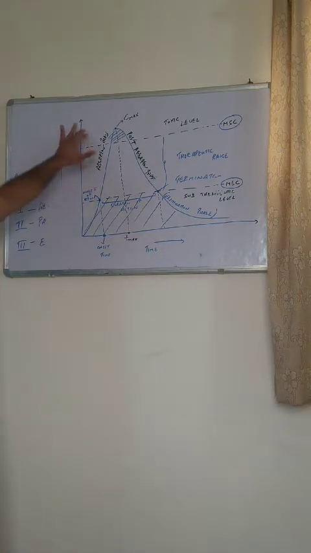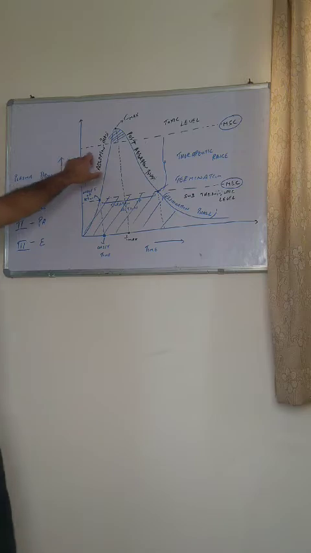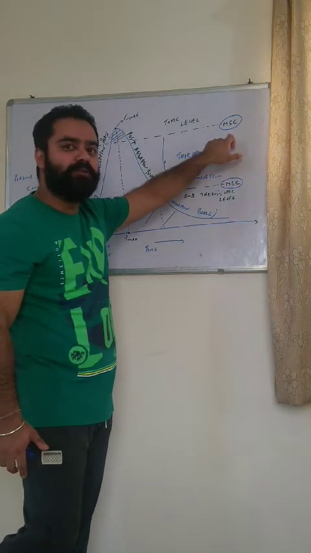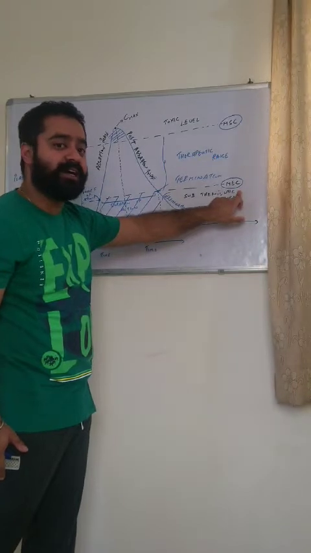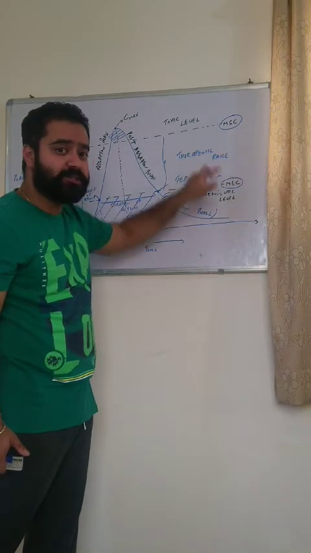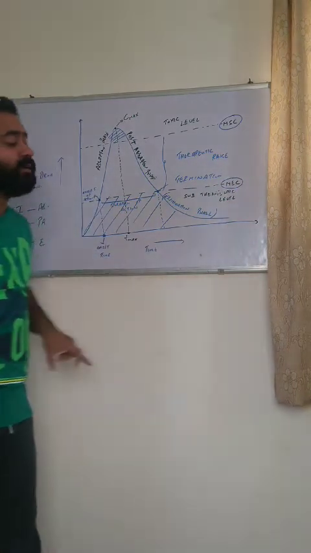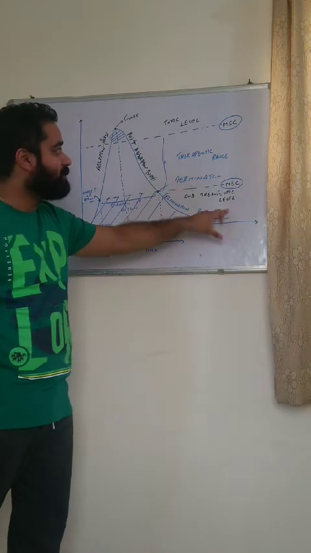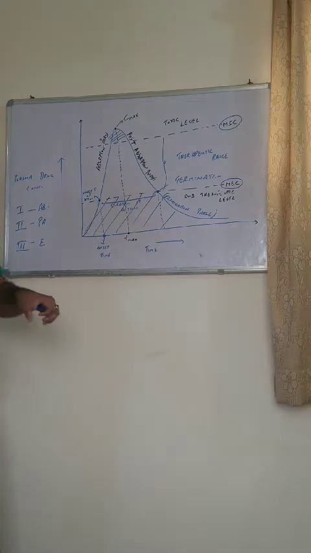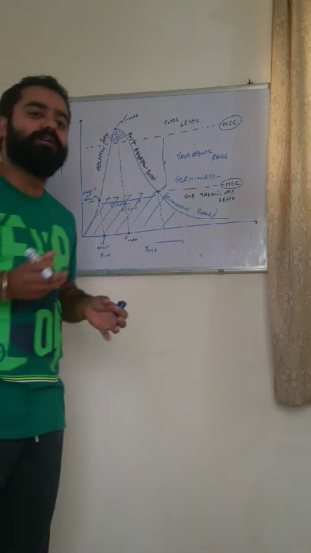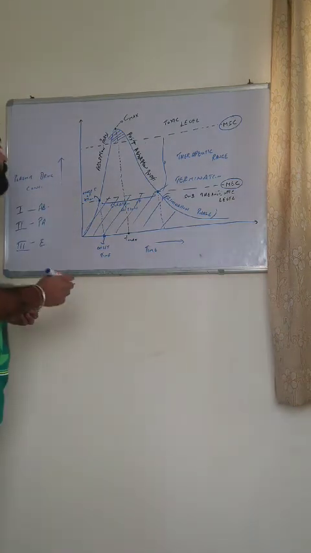Two dotted parallel lines: the first is the maximum safe concentration, second is the minimum effective concentration. The difference between MSC and MEC gives you the therapeutic range of the drug, in which we get the actual potential pharmacological benefits of the drug.